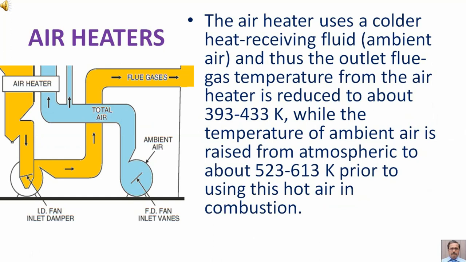The air heater uses a colder heat receiving fluid, that is ambient air, and thus the outlet flue gas temperature from the air heater is reduced to about 393 to 433 K, while the temperature of the ambient air is raised from atmospheric to about 523 to 613 K prior to using this hot air in combustion.